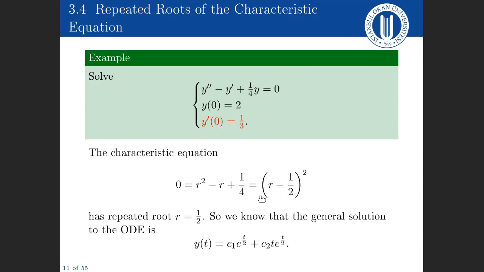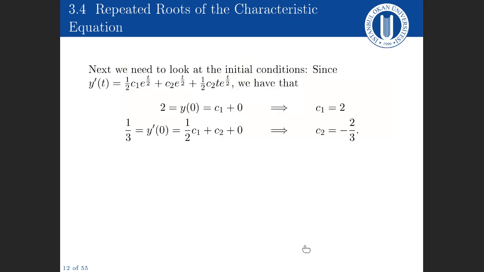To finish this problem, to find the solution to the initial value problem, we need to find c1 and c2. Because the derivative of y is this function, when we replace t by 0, we end up with 2 is equal to c1 plus 0, and 1/3 is equal to a half c1 plus c2 plus 0.